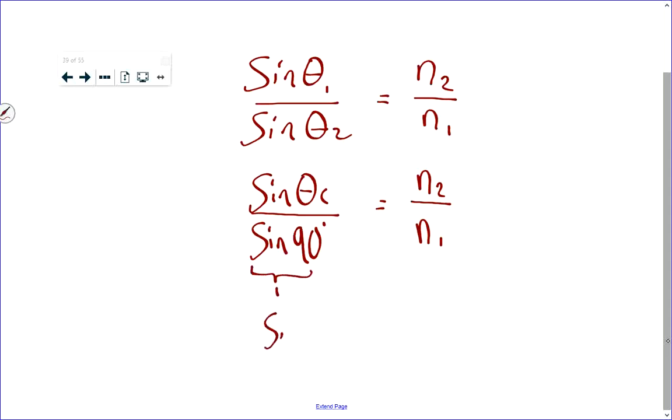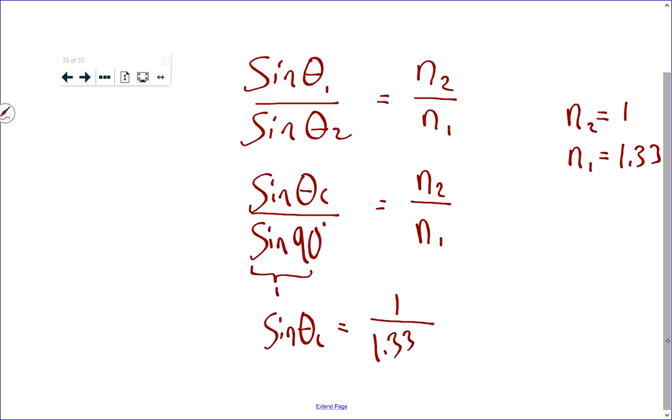This becomes sine of the critical angle equals, well, the two n's are 1 and 1.33. Which is which? Well, it's always more dense to less dense in this context. So n2 is the air, n1 is the water.